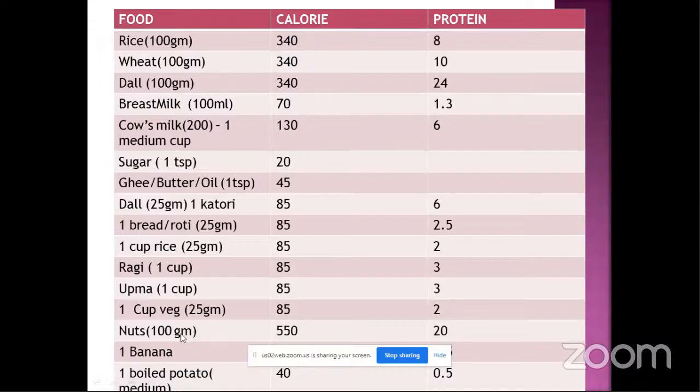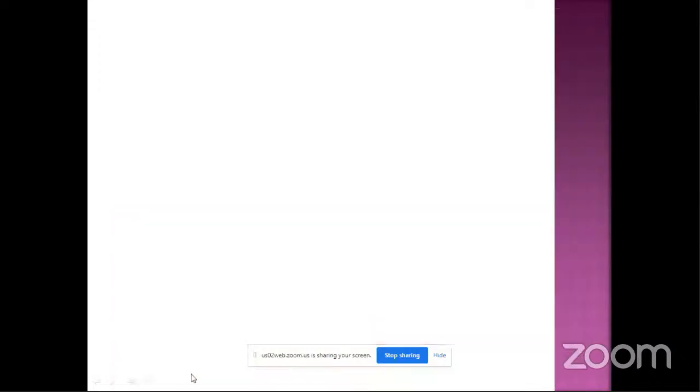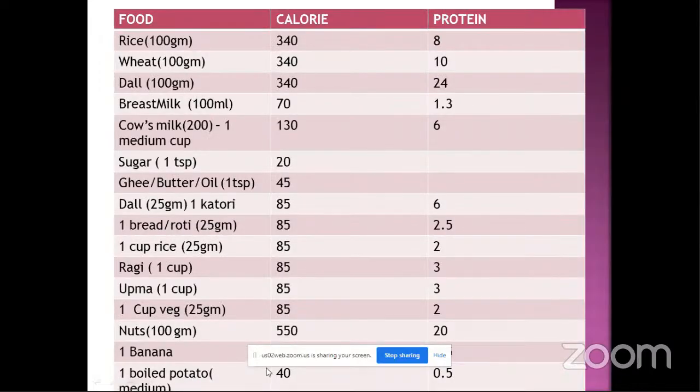In case of nuts, nobody will take 100 gram of nuts, but for 100 gram, the kilocalorie will be 550 and the protein will be 20. In case of banana, 1 medium-sized banana, the kilocalorie will be 110 and the protein will be 2. 1 boiled potato, which is again medium-sized, will correspond to 40 kilocalorie and the protein will be 0.5.